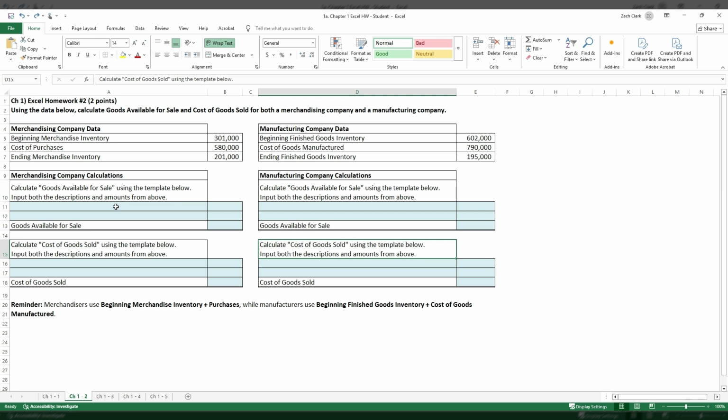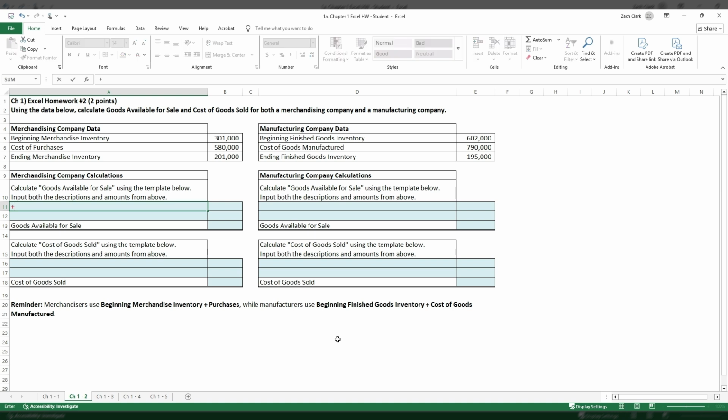We are going to use that data to calculate goods available for sale using the template below. We're going to input both the descriptions and the amounts from above. When we're talking about goods available for sale, this is always going to be the beginning plus whatever we added in.